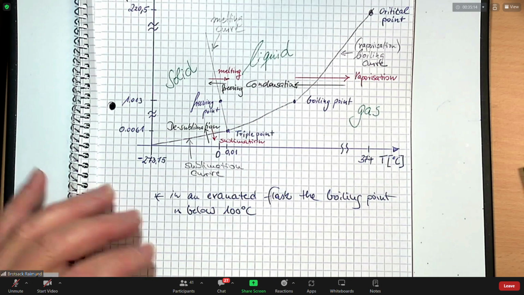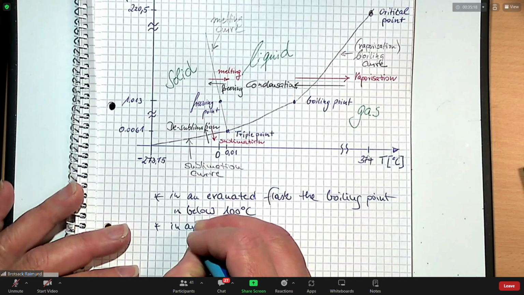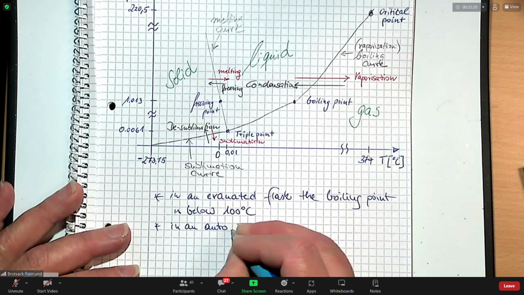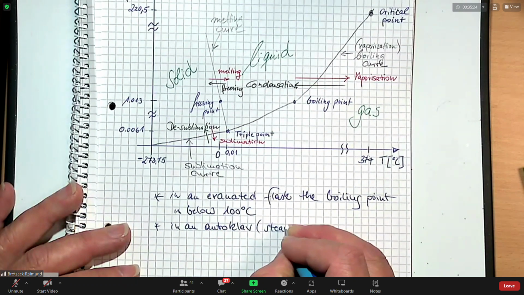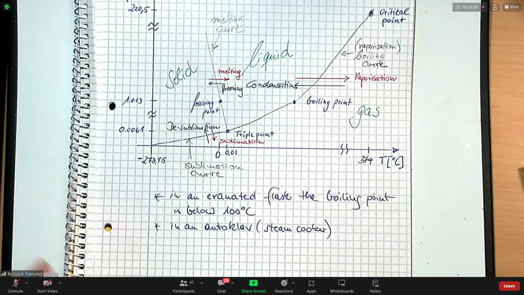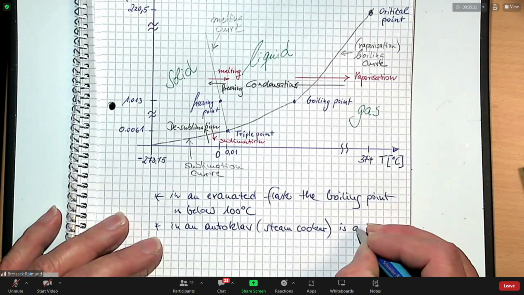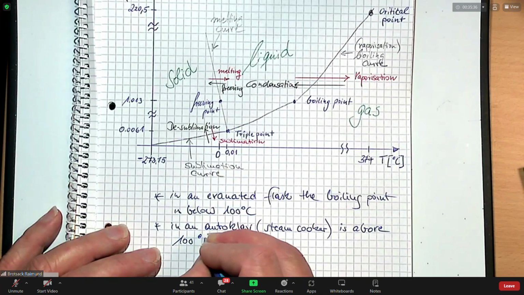In an autoclave or a steam cooker, the boiling point is above 100 degrees Celsius.